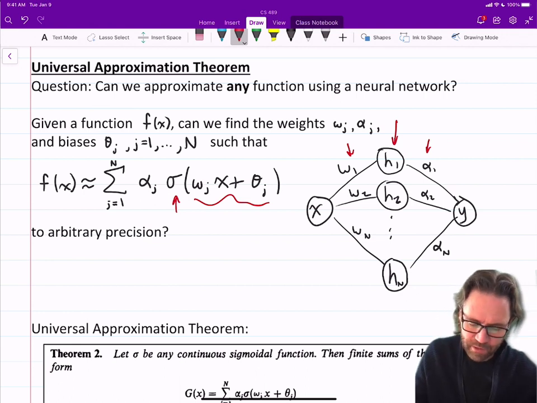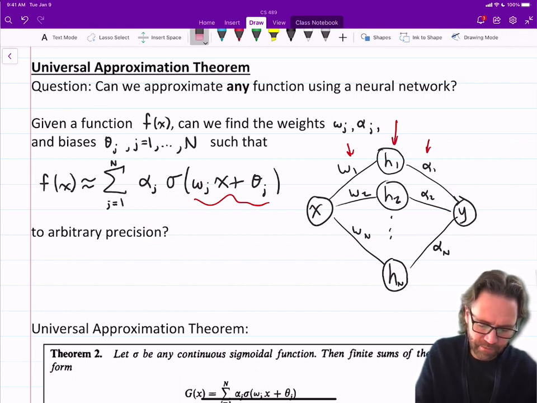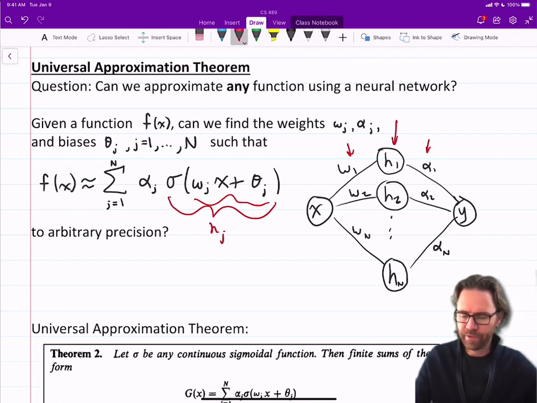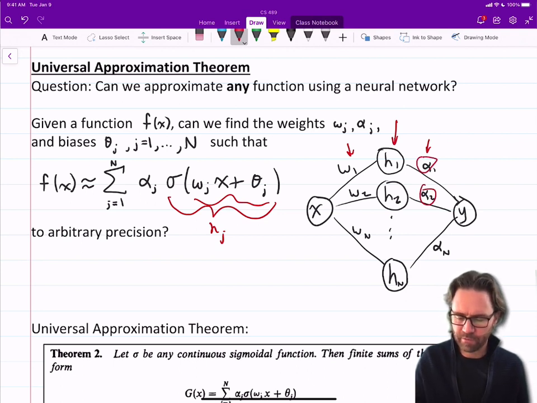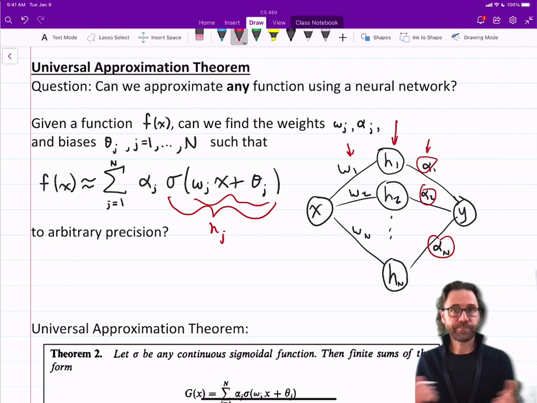And then once we have all the h's, h sub j, we decode by multiplying all those hidden nodes by their corresponding weights, and then we get our output y, but we want y to approximate f of x. We want that to be to arbitrary precision. So in other words, no matter what f of x is, we can find the w's, the thetas, and the alphas that make our network reproduce f as close as we want.